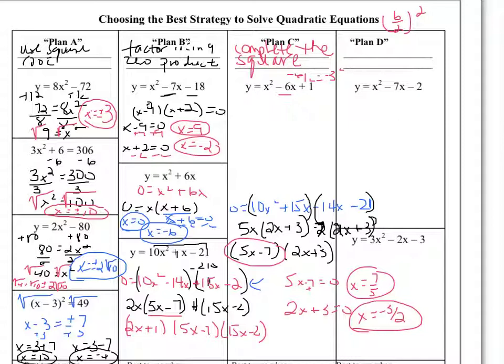So I want this c term to become 9. In order to do that, I need to add 8 to both sides. This becomes 0 and plus 8. So now I have 8 is equal to x squared minus 6x plus 9.